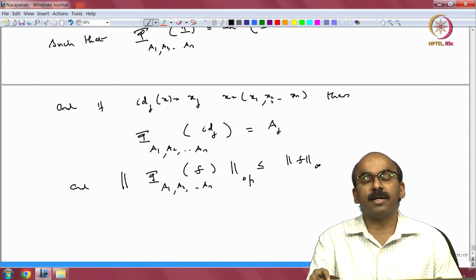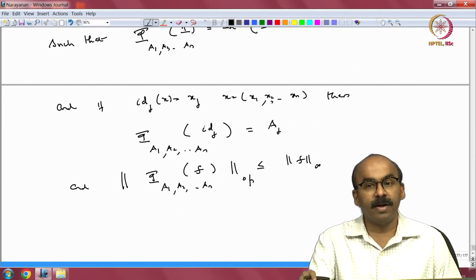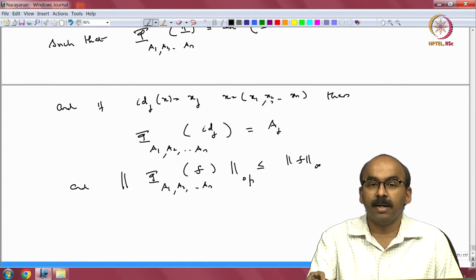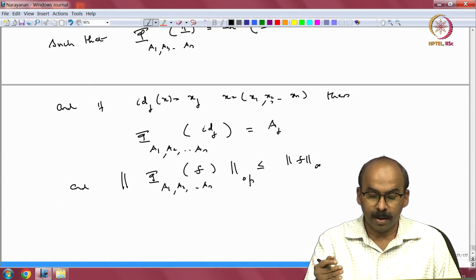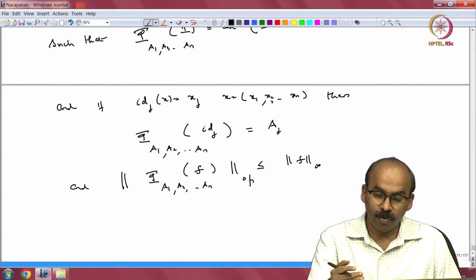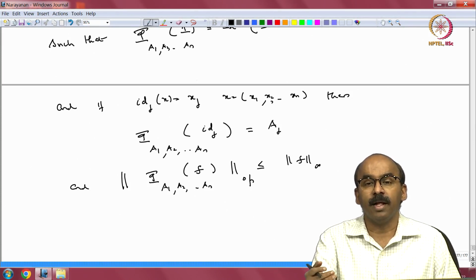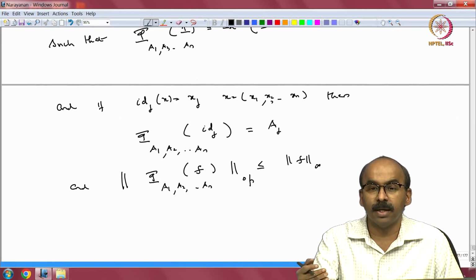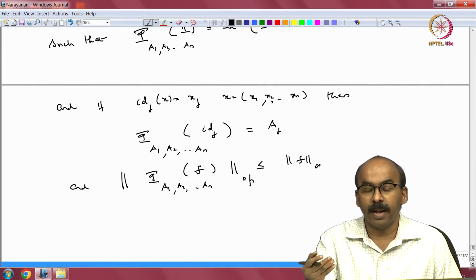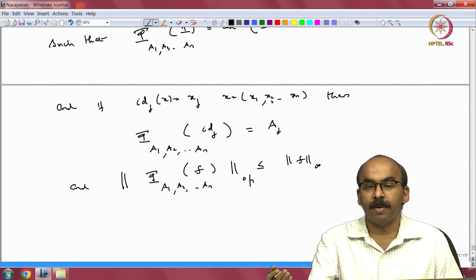Once we have the continuous functional calculus, we have the L infinity functional calculus also. So, we will be able to define functions of these operators. If you look at phi a1 a2 an of f, we will denote it by f of a1 a2 an, as we did in the single operator case, where any f went to an operator f of a, or t sub f depending on the notation.